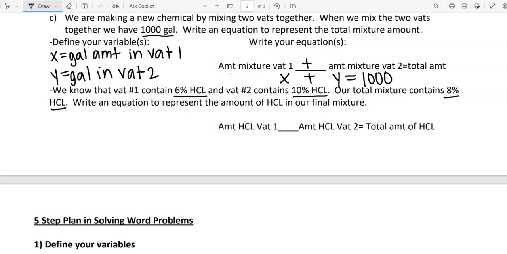X is the amount in vat 1. How much of vat 1 is HCl? 6%. What's 6% as a decimal? 0.06. So I could go 0.06 times X, and then tell me how to find the amount of HCl in vat 2.